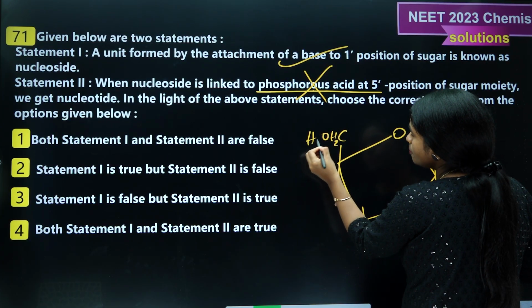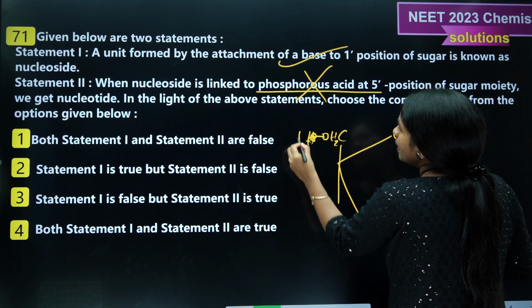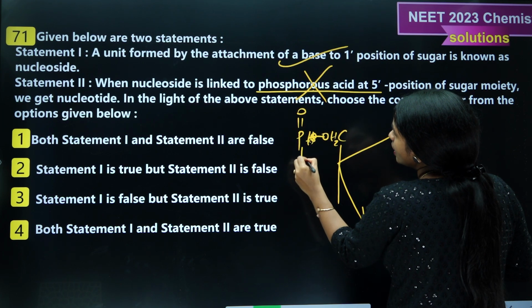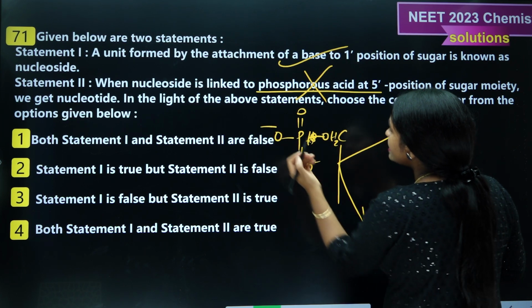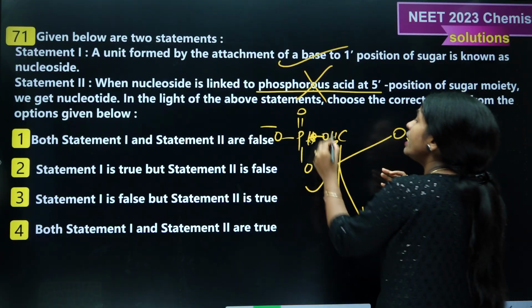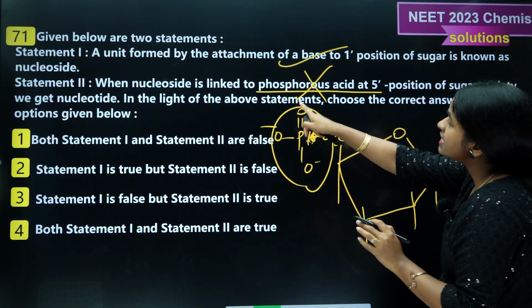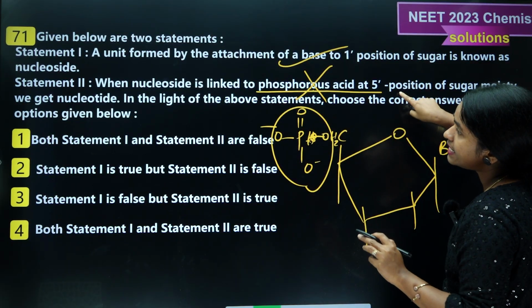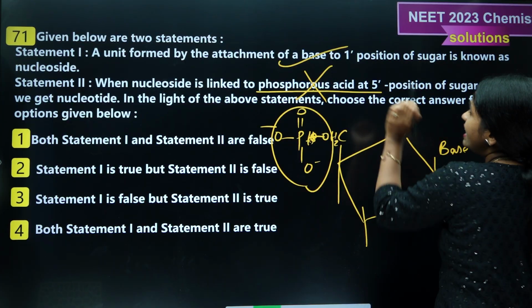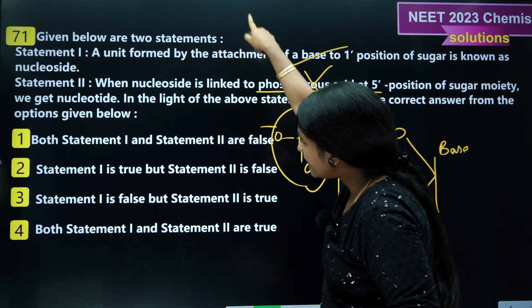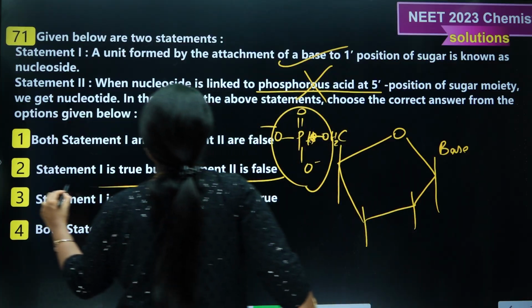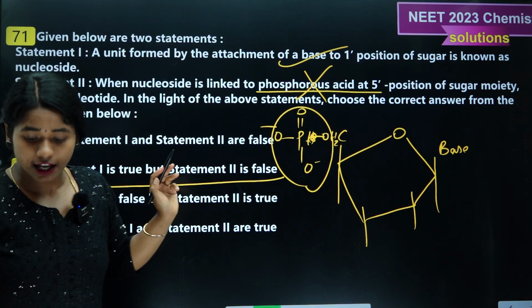So here OH is replaced by O, P double bond O, O minus, O minus. This is a nucleotide. They have given phosphorus acid at the fifth position, which is incorrect. Statement 1 is true, statement 2 is false. So option 2 is the correct answer.